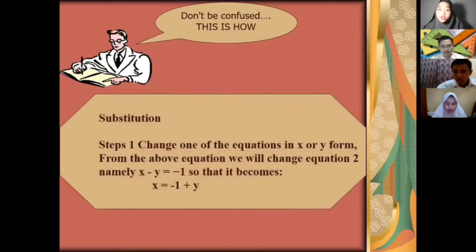First is substitution. Step 1, change one of the equations into x or y form. From the above, we will change equation 2, namely x minus y equals negative 1, so that it becomes x equals negative 1 plus y.